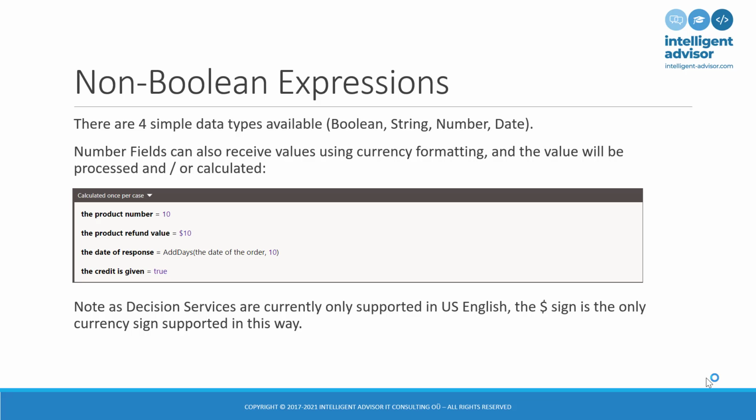So there's an example of using a number field with currency formatting, but it's still a number. The date of response equals add days, the date of the order 10. So that's a traditional Oracle Intelligent Advisor function. And then we have, it's a Boolean, but I thought I'd put it in for a reminder. The credit is given equals true. So you can set the value of a Boolean field just by making it equal to true or equal to false.